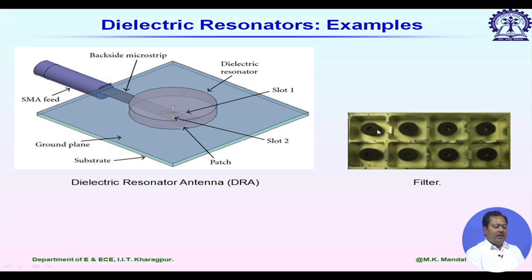It is placed inside the cavity. Because of this dielectric resonator, the overall dimension of the filter decreases. At the same time, the quality factor increases, or in other words, the passband loss decreases. So, this is the use of cylindrical dielectric resonators in filter applications.